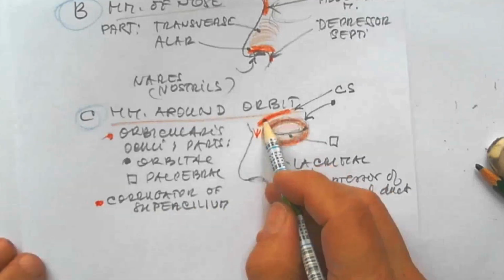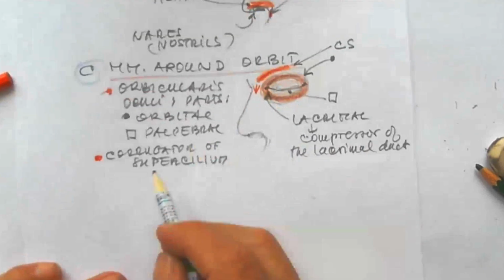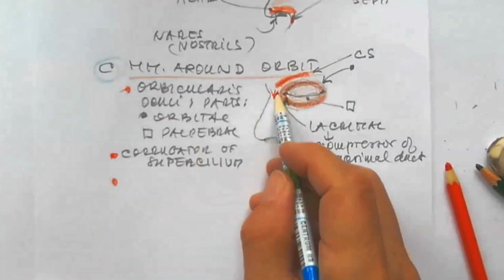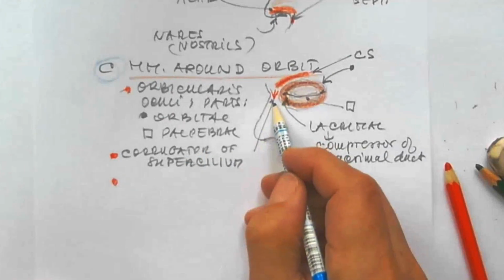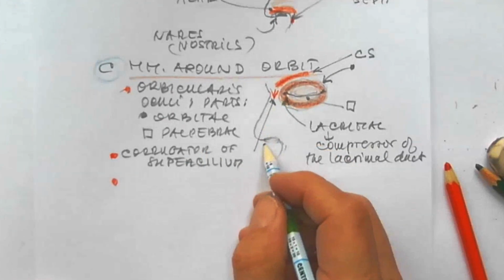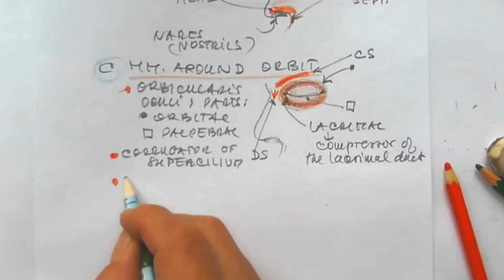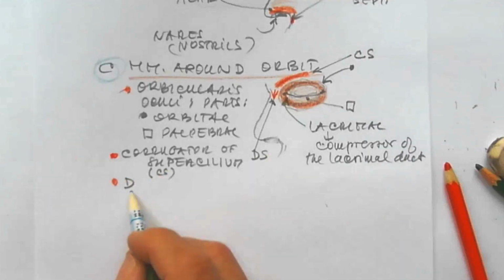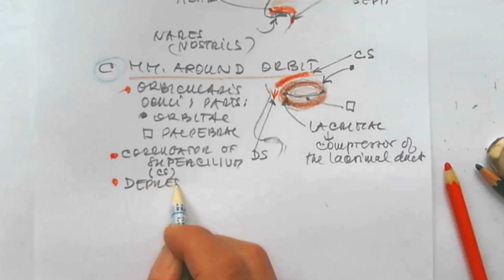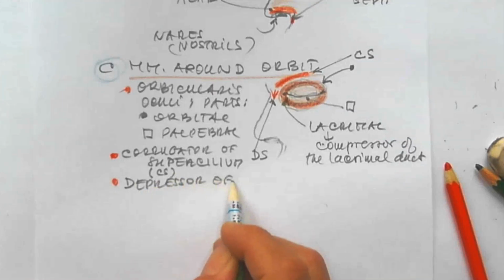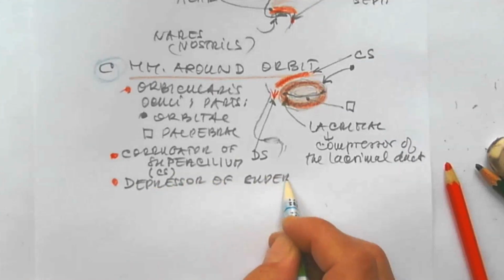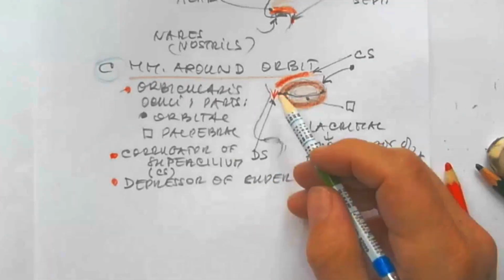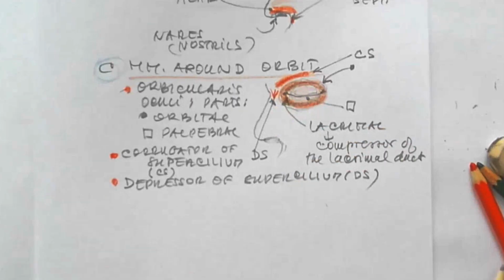It makes the obliquely passing wrinkles. And the third, last one is the depressor supercilii, DS. Corrugator supercilii is the CS, and depressor supercilii is the DS. This logically depresses the supercilium.